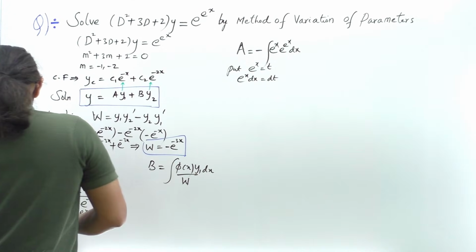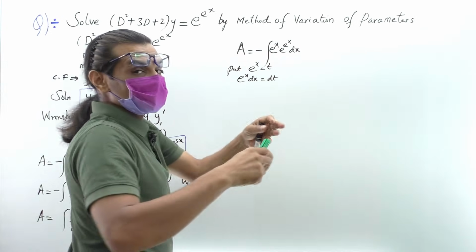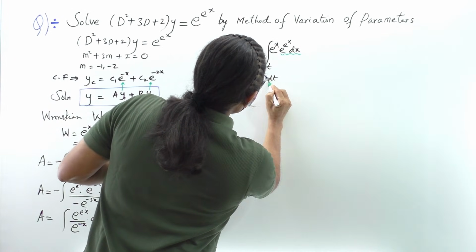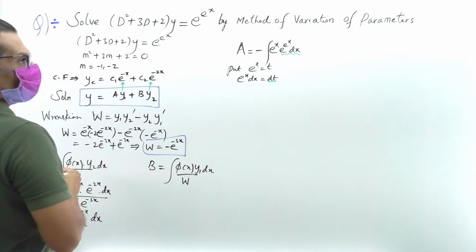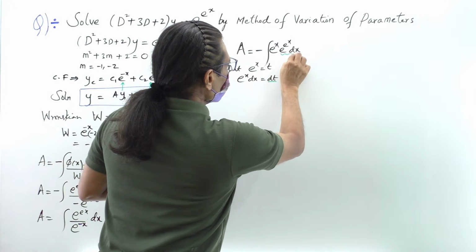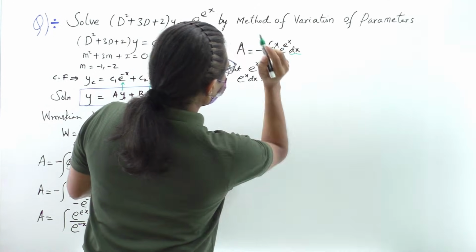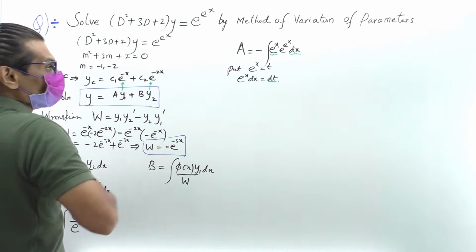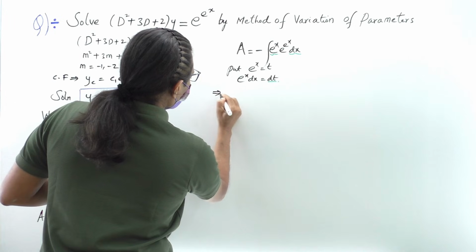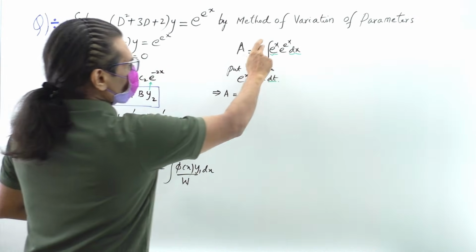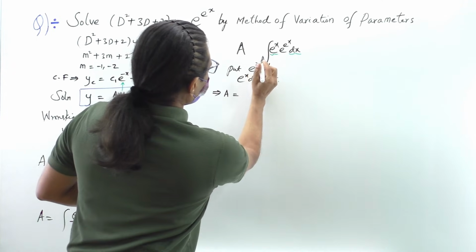So now the things will change here. Everything replaced in terms of t here. That means e raised to x into dx will become dt. That implies a equals. Sorry, there is no minus here. My bad. Because minus and minus cancels, become plus.